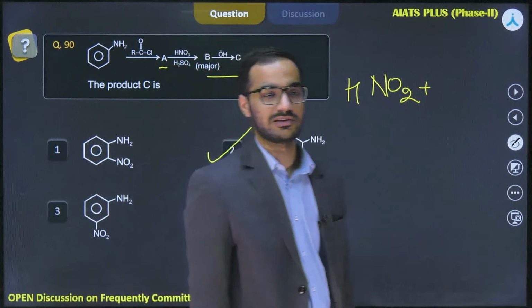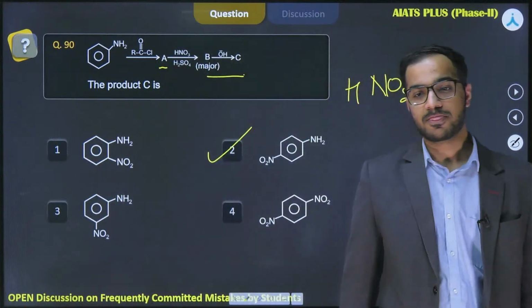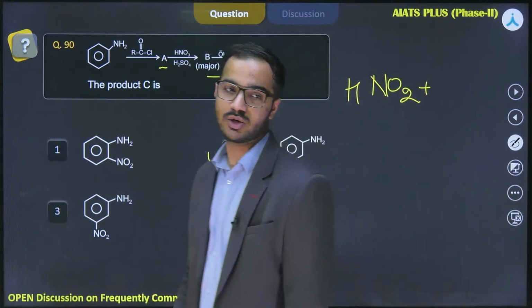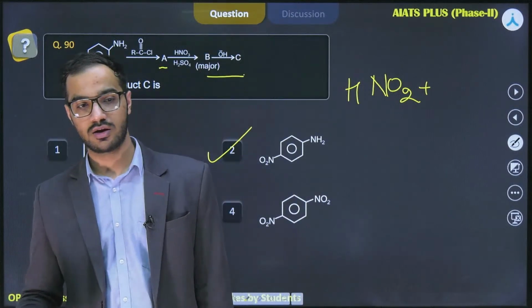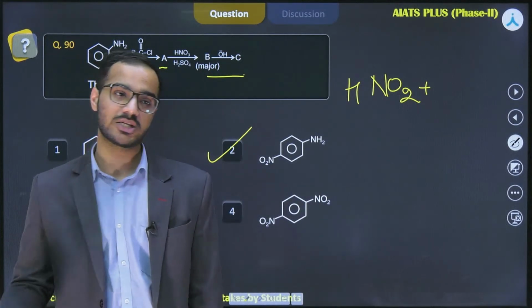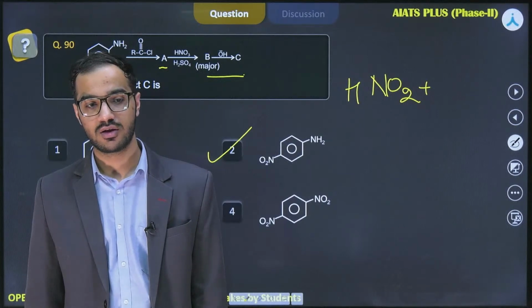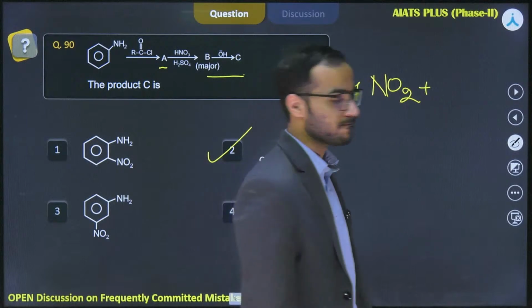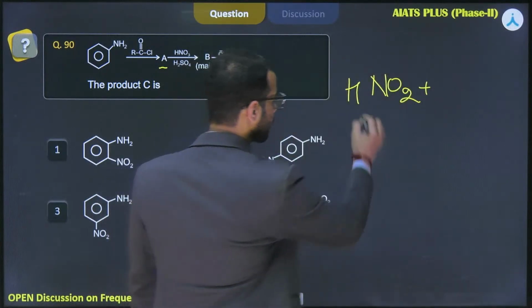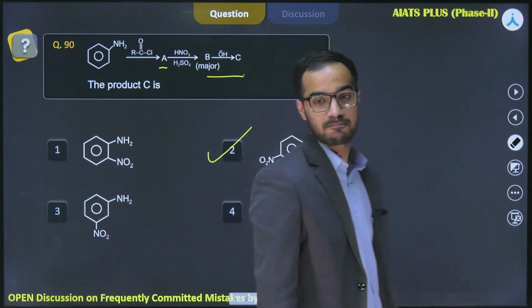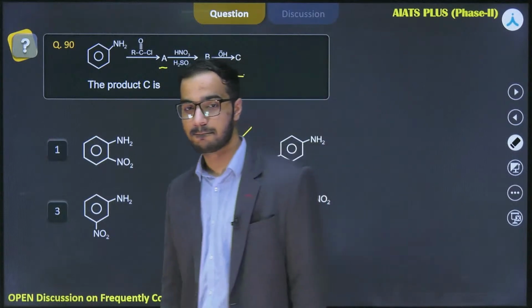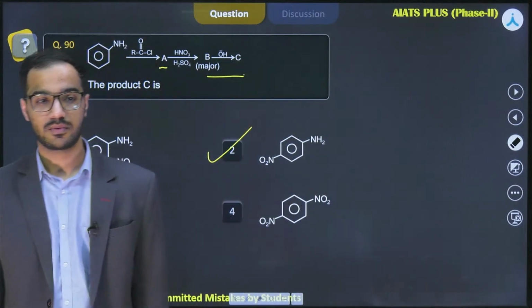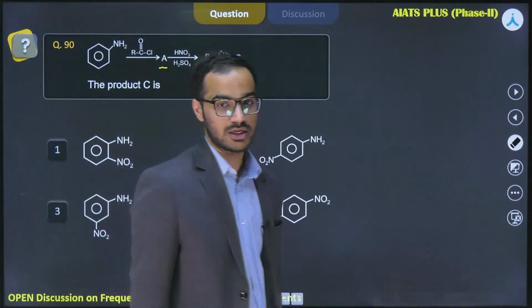No, it can't be the case, because HNO3 in the presence of sulfuric acid itself will generate NO2 positive. It will yield a para product.